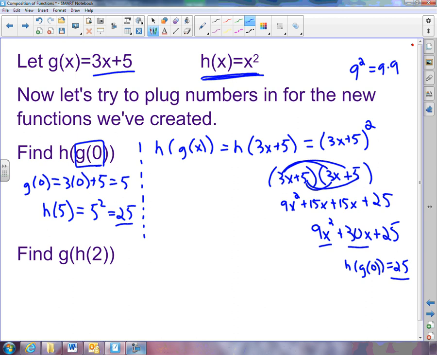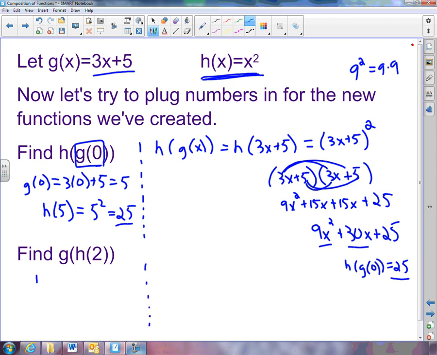So now let's try one more example. Here I'm just flipping the order. I'm going to do it both ways. One way, I'm going to find what g of h of x is, then plug 2 into my answer. The other way, I'm going to just take 2, plug it into h, then plug that answer into g. So let's try the shortcut way first.